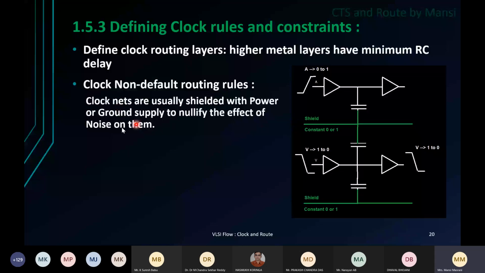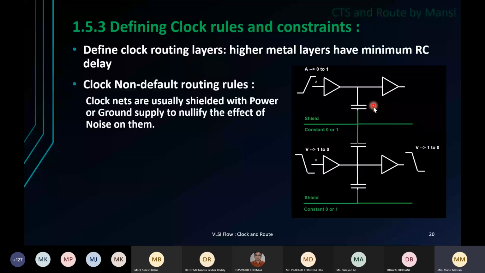We just saw that if the aggressor is transitioning from 0 to 1, victim is transitioning from 1 to 0, there will be a small spike over here, and then there will be a delay, and the victim will settle down. But what if I am putting one wire next to this clock net, which I'm tying to constant 0 or 1? It will not let this clock net get coupled with this aggressor.